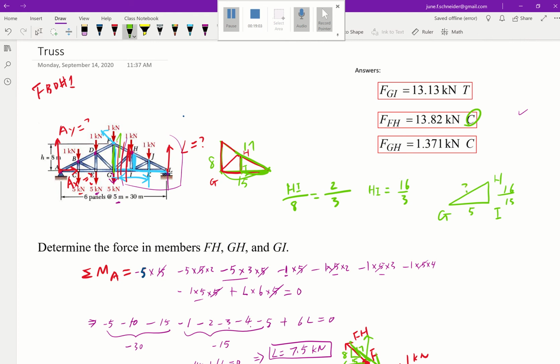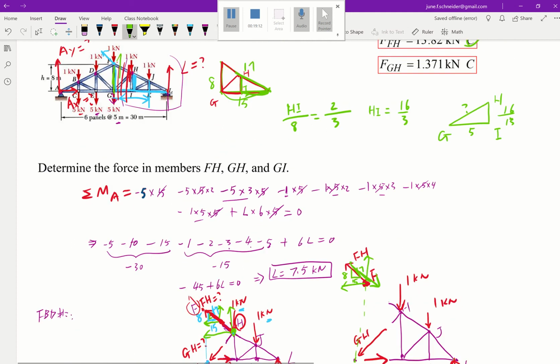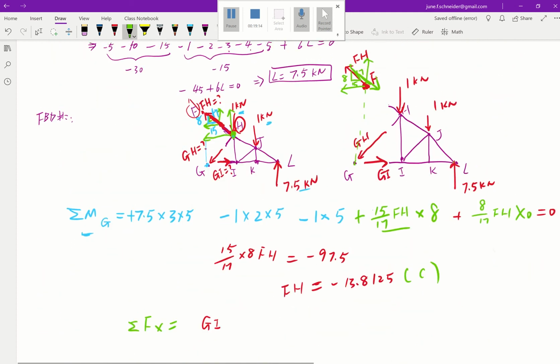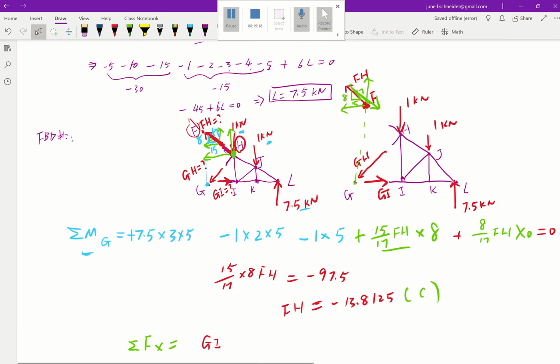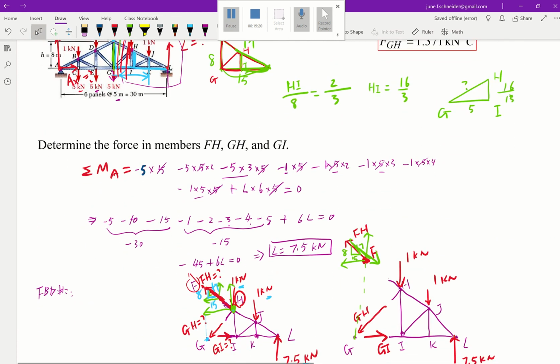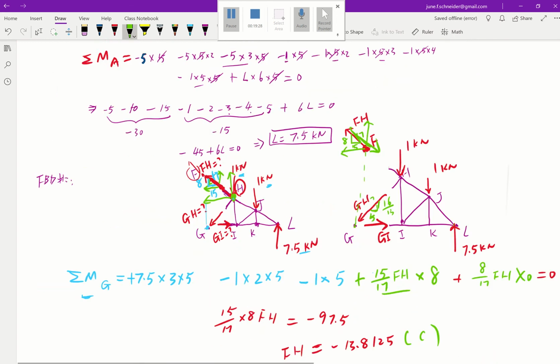Then you can go ahead and figure out the GH here using the Pythagorean theorem. Once you know that, then you know the slanted GH here. We know this is 5, this is 16 over 3, and you can figure out the hypotenuse here.